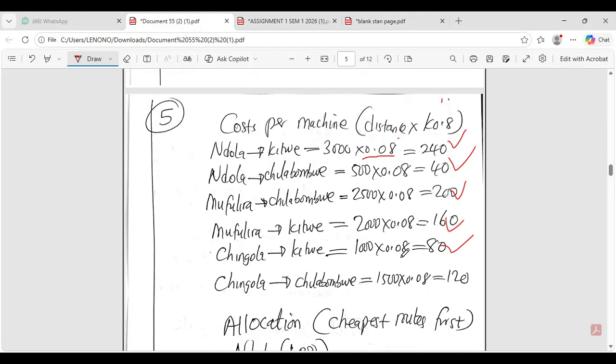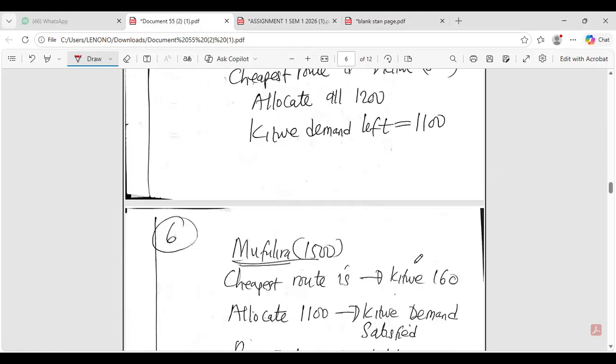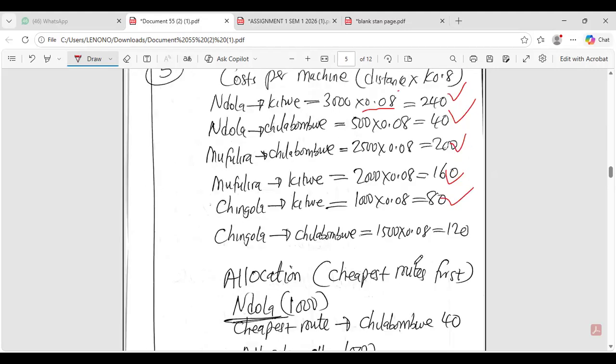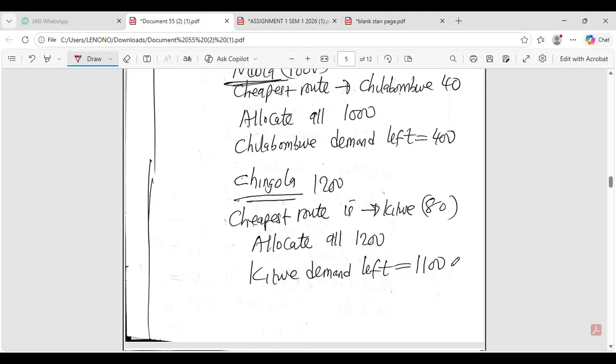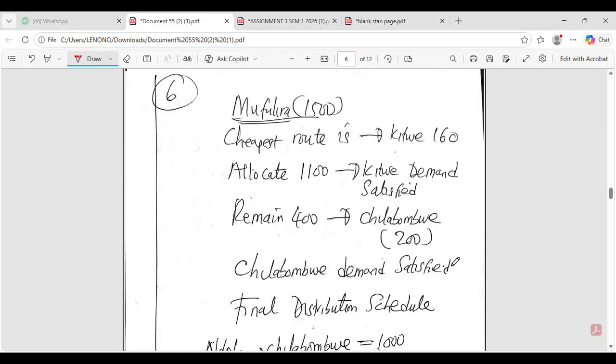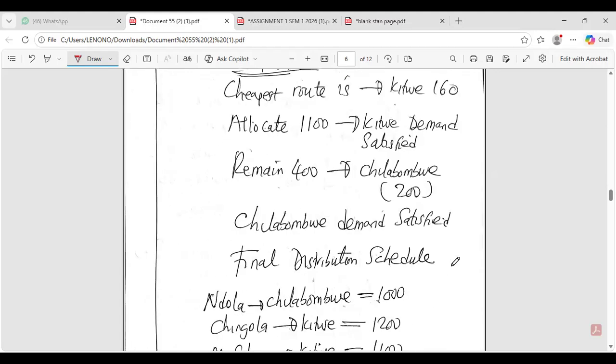Chingola to Kitwe is 80. So meaning you can allocate all the 1,200. In Mfulira, 1,500, cheapest route is 160. Between the 200 and 160 is 160. So you allocate 1,100. Okay, the demand is satisfied. Remaining 400, Chilabombwe. Okay, so Chilabombwe demand is satisfied.